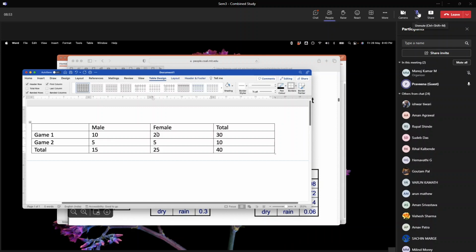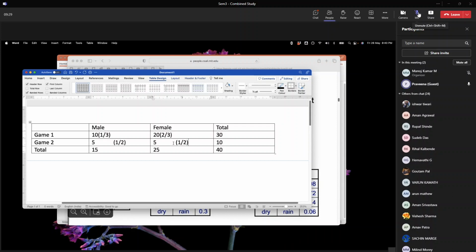Now I'll write the probability. The probability of this is 1 by 3, and similarly this is 2 by 3. This is 5 by 10, which is 1 by 2, and this is 1 by 2. So in total, the total probability would be 1.